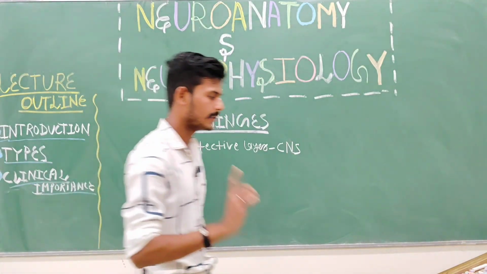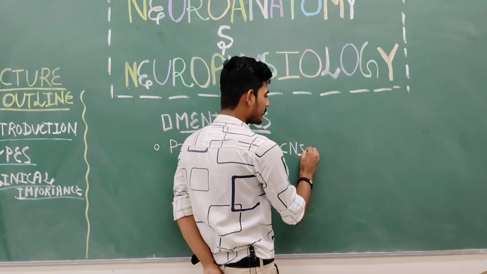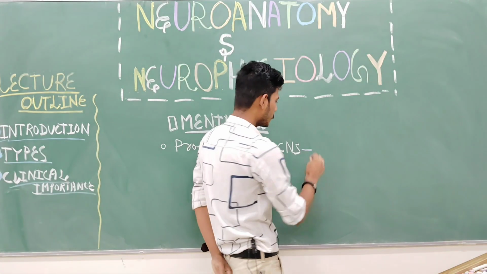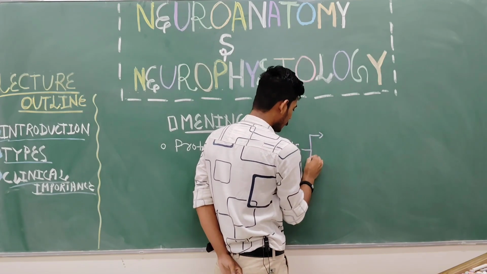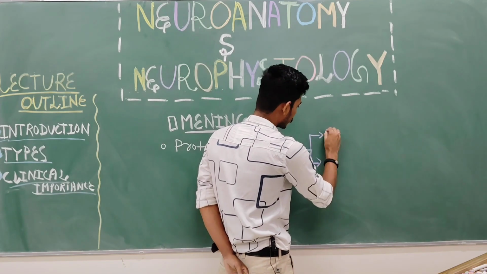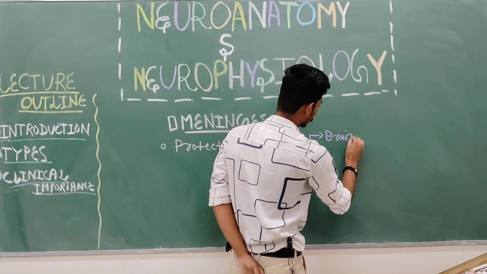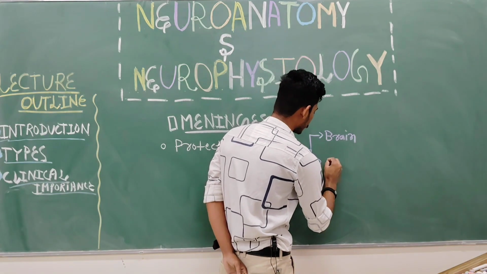No problem understanding? Now, as you know, your central nervous system is divided into two parts. The first part you term the brain, and another part you term your spinal cord.